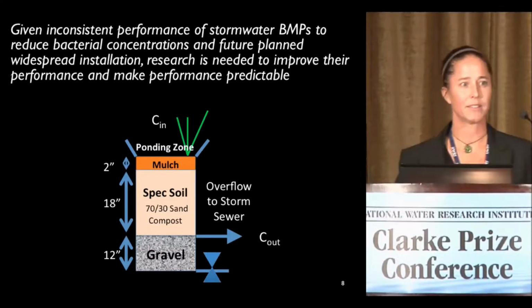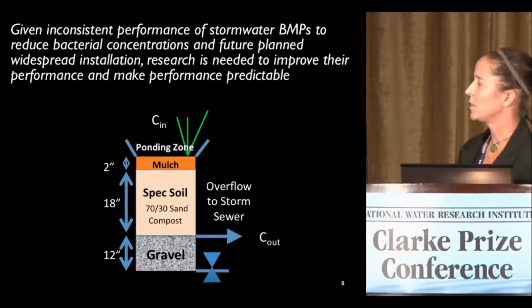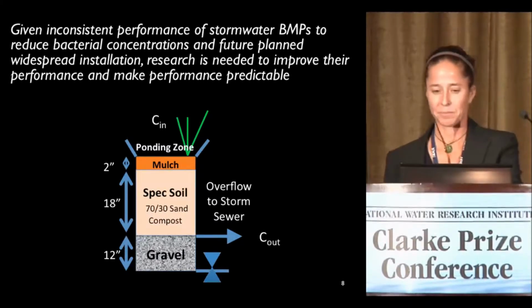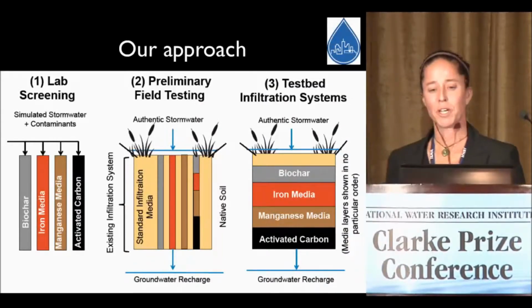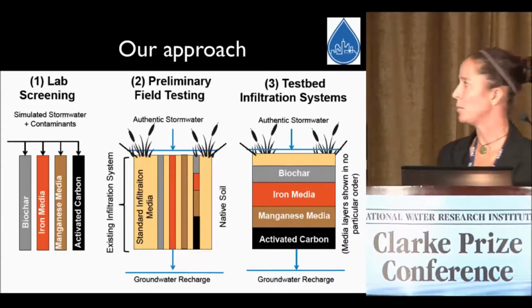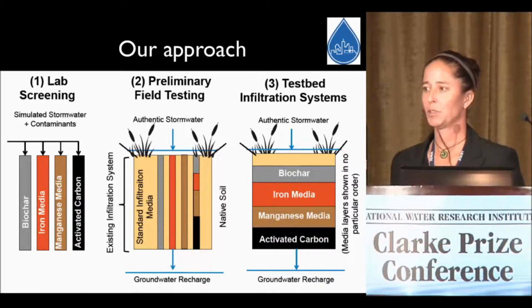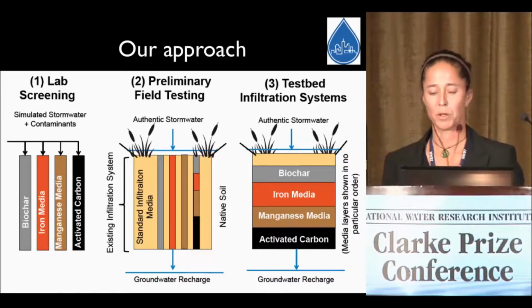So the idea is that if you have a system like this and you know the concentration coming in, then you can predict what the concentration coming out will be. So in ReNUWIt, we've been working on these systems and trying to understand how we can engineer them to make their performance more predictable.